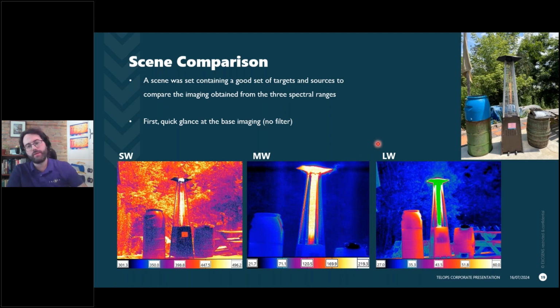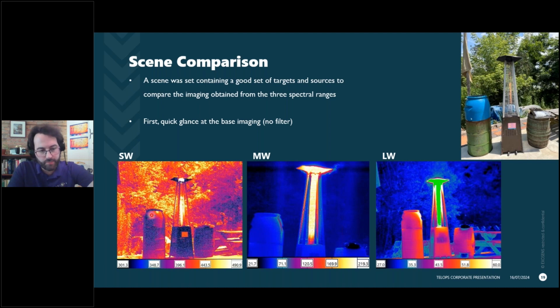And in longwave, it's too hot, it's even saturating at that point. In shortwave, we have that typical reflective image from the trees, the leaves in the background, with a good resolution, being able to see the features quite well.